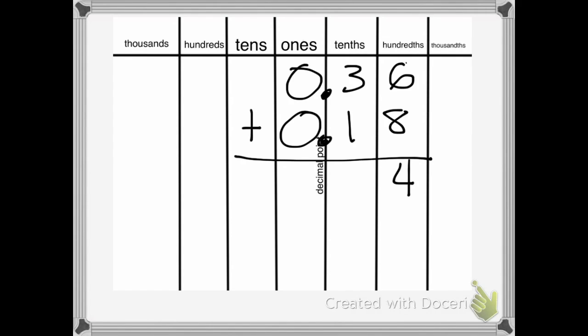That's a 4. Then I would carry my 1. 1 plus 3 is 4, plus 1 more is 5. My decimal point plus my decimal point, I'm going to put that decimal point right there. 0 plus 0 is 0. Same as regular adding and subtracting. Just keep your decimal points lined up.